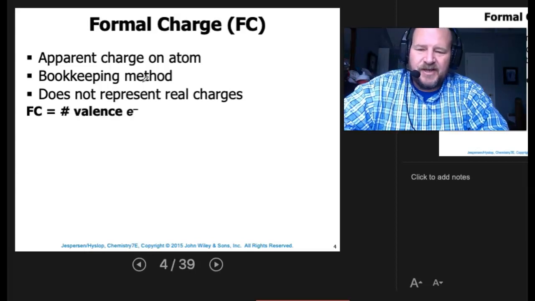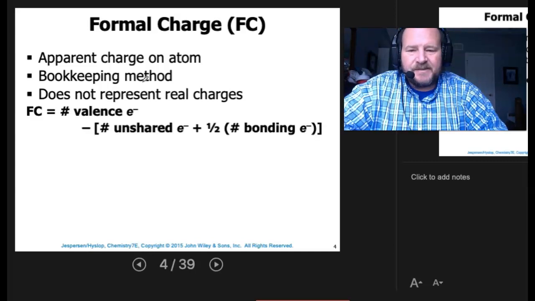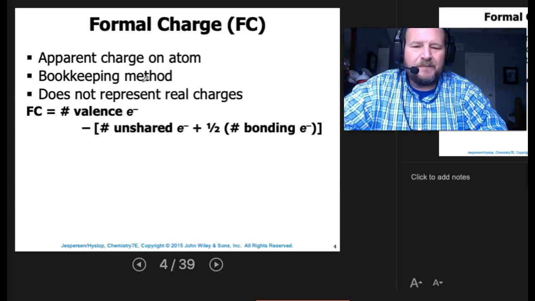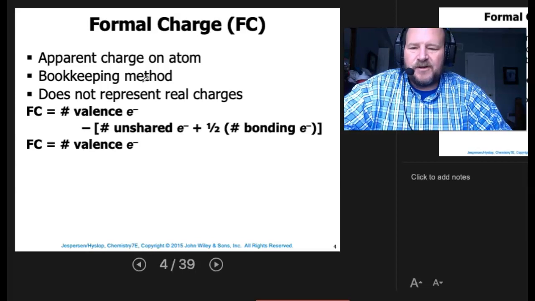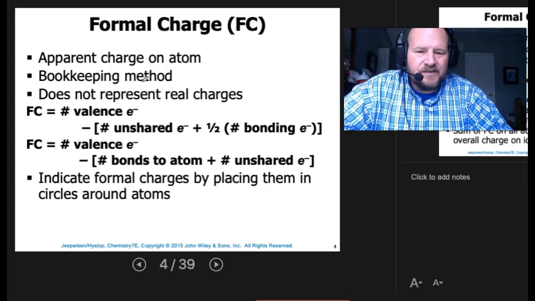So the formal charge equals the number of valence electrons minus the number of unshared electrons plus 1/2 of the bonding electrons. Okay, so again, the formal charge would be equal to the valence electrons minus the bonding atoms plus half of the unshared electrons.